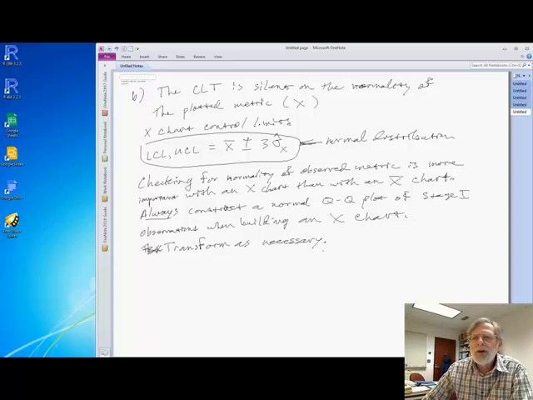So how many points do I need? Well, I think 300 is a little bit excessive.